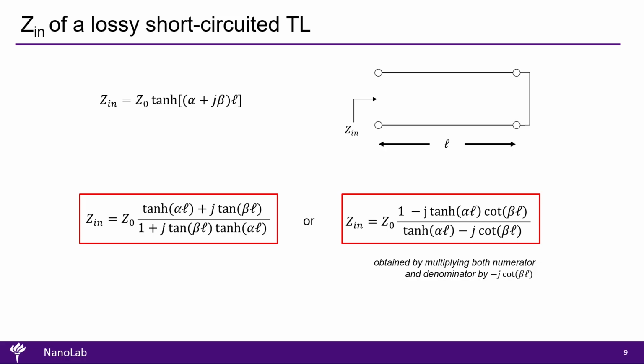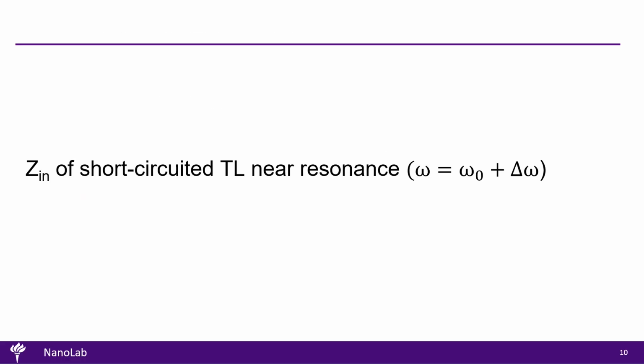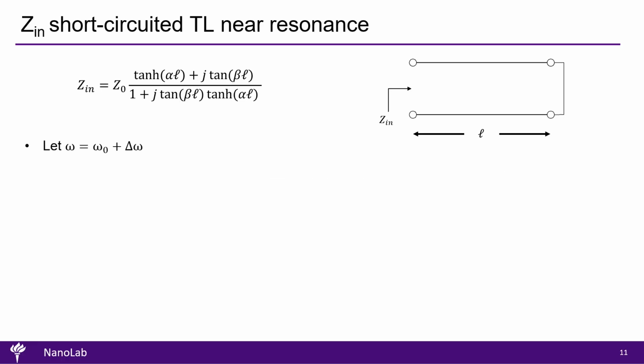Now let us use the expression we just derived to evaluate the special case when the frequency is close to resonance. To do this, we first define omega as omega 0 plus delta omega and replace beta by omega divided by the phase velocity, since we are working with TEM waves.